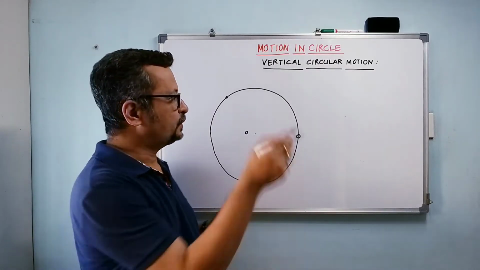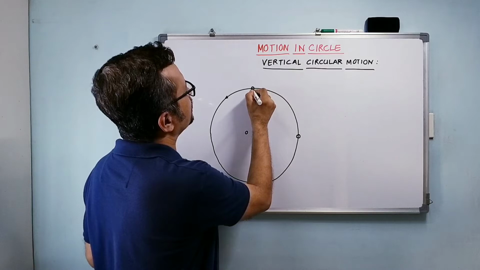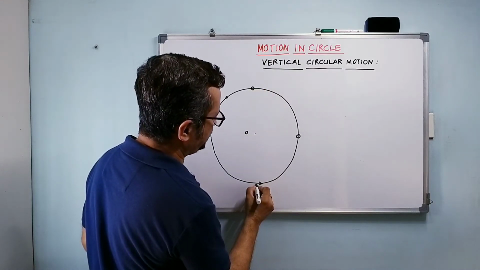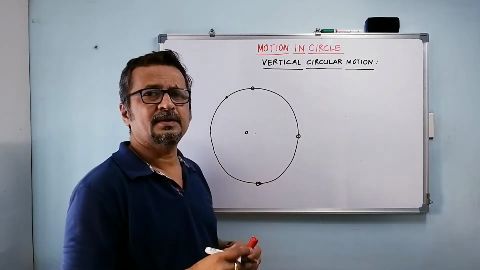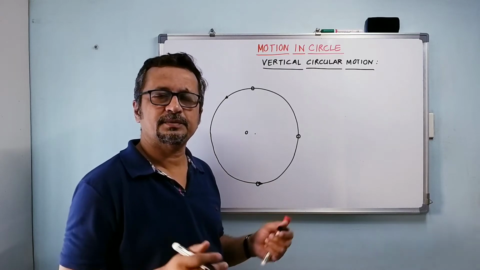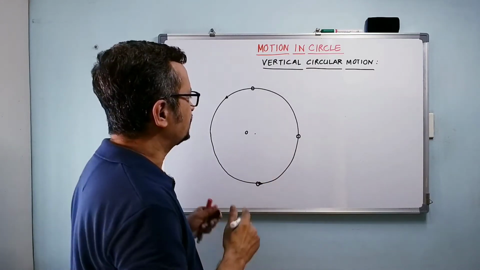As it moves, it is going to reach some maximum height here, some minimum height here, and any intermediate position for that matter. Here I am taking the midway position, correct?